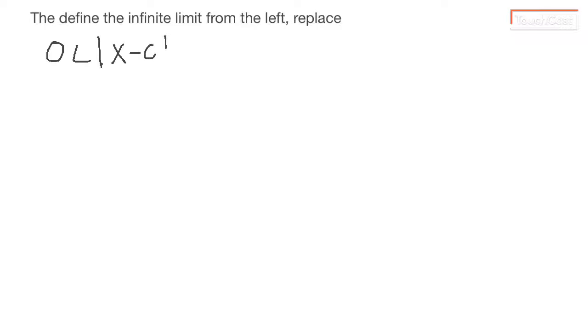To define the infinite limit from the left, we replace 0 less than absolute value of x minus c less than delta by c minus delta is less than x, which is less than c.